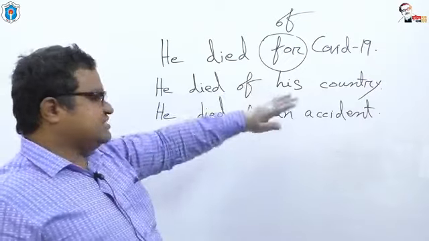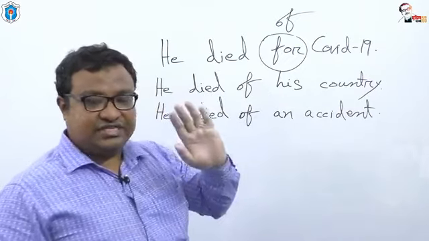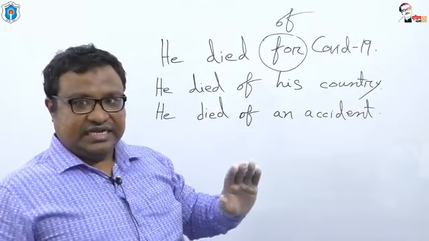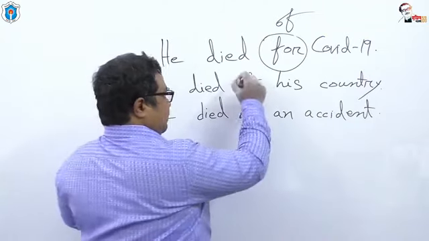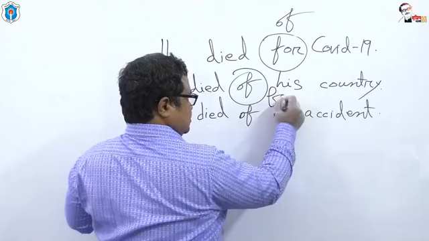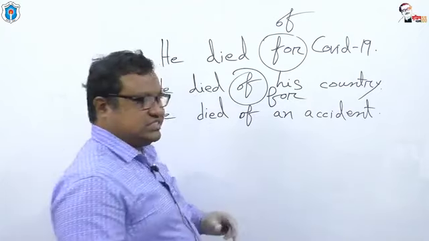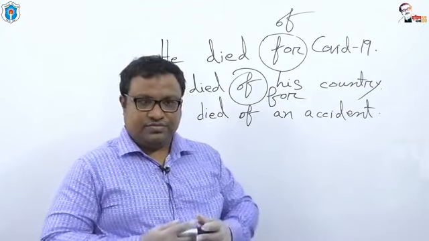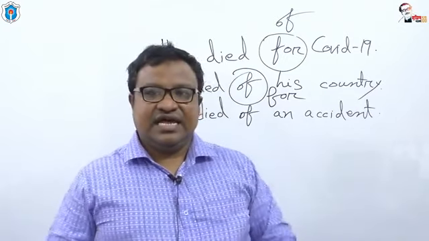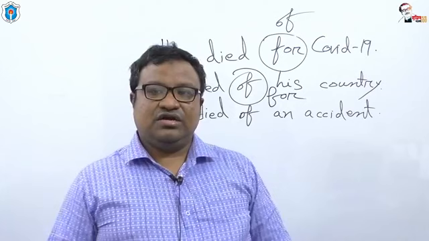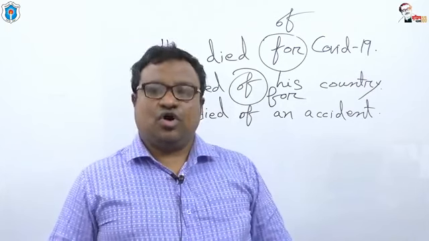He died of his country. No, he has fought for his country and then he died. So he died for a particular cause, fighting for a particular cause, and that will be for. He gave his life for democracy, not of democracy.